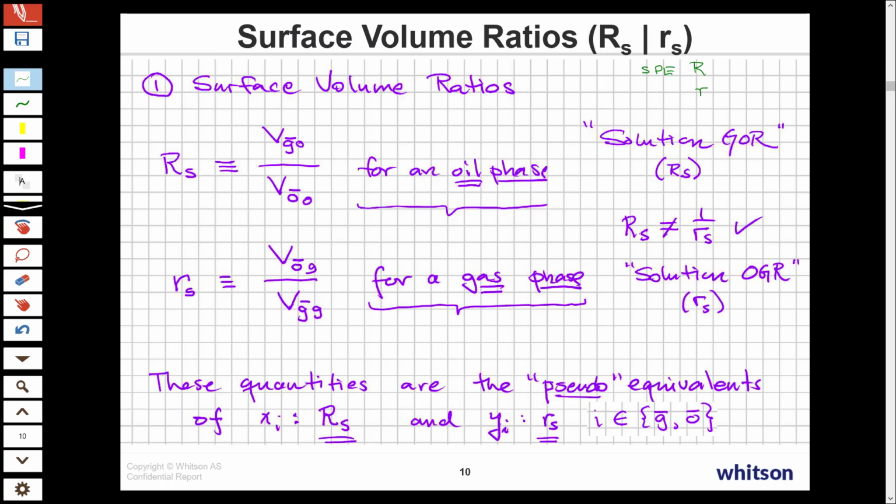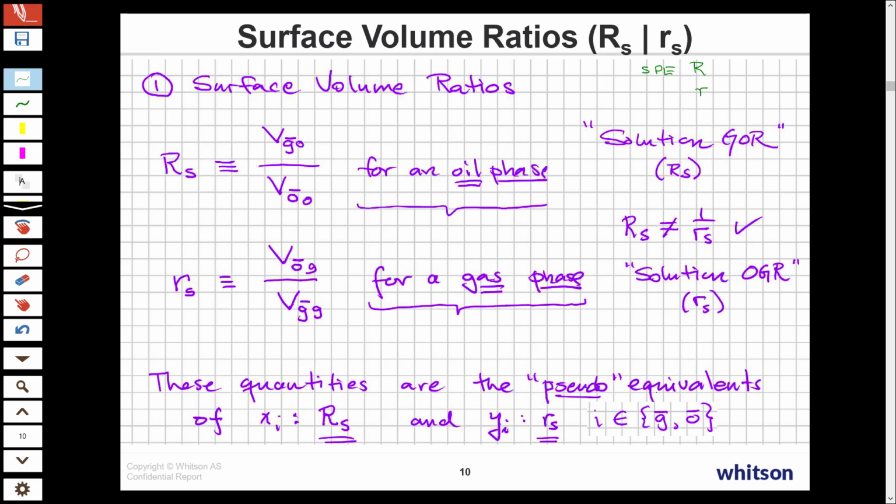That's because RS is describing the surface volume ratio for the oil phase, and little rs is defining the surface volume ratio for a gas phase. So it's not the same material we're talking about, so you don't expect them to be equal. Now, they will be equal at one particular pressure, at a critical point, but otherwise they're not equal.